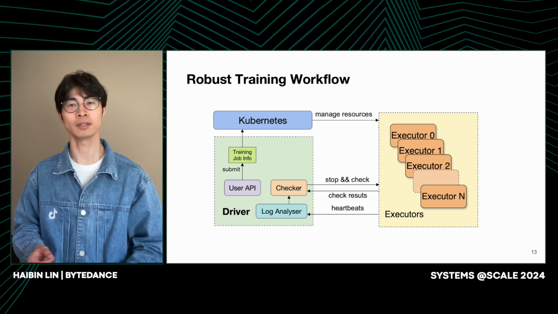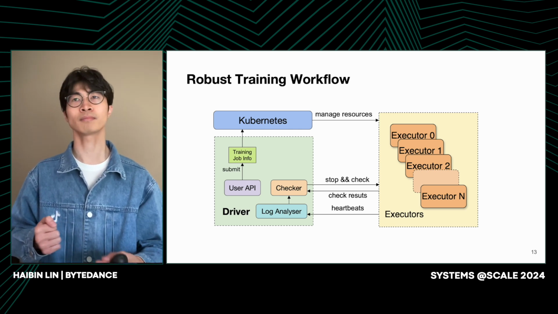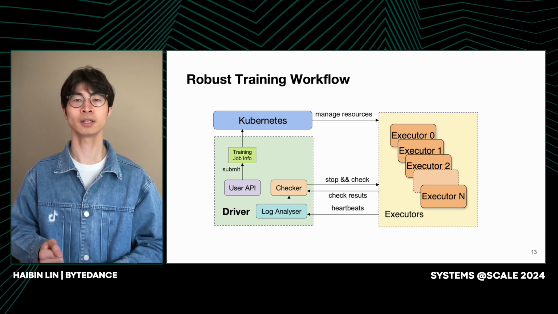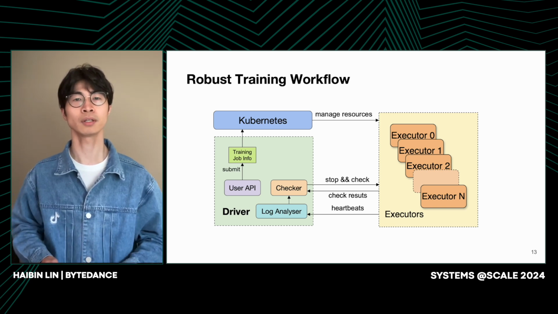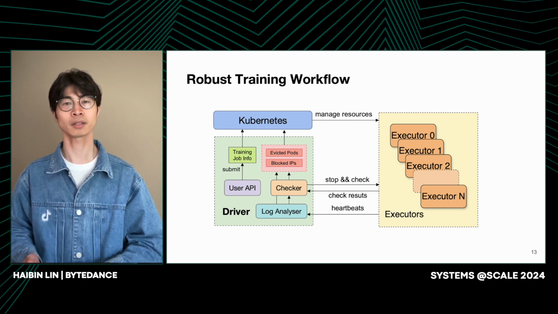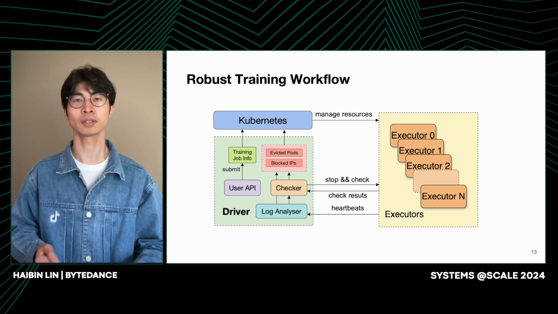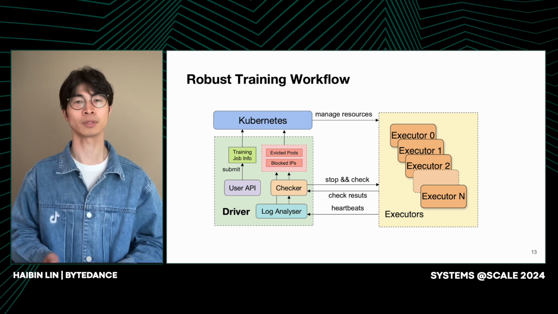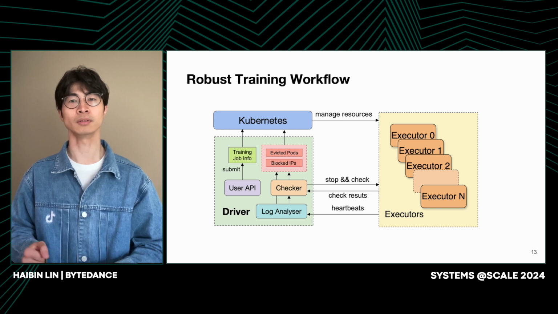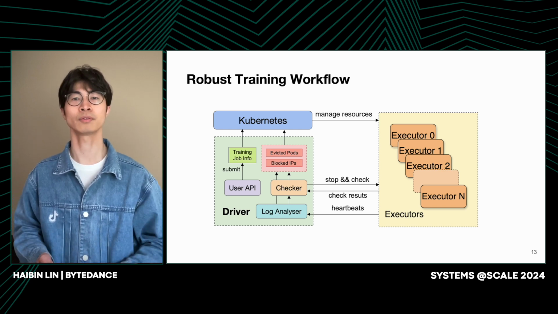With that, you would automatically handle maybe 90% of the faults in the cluster. The driver basically knows the GPUs that need to be blocked, and it will evict all these faulty nodes and replace them with new ones so that the training job can resume from the last checkpoint and continue from there.